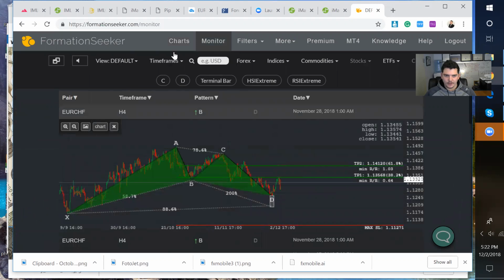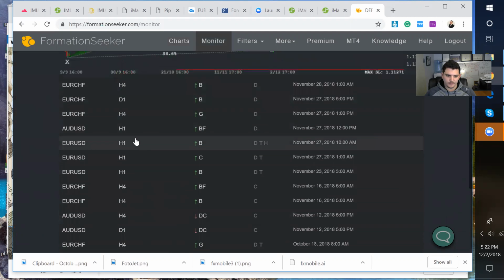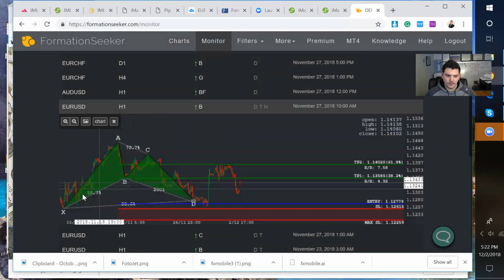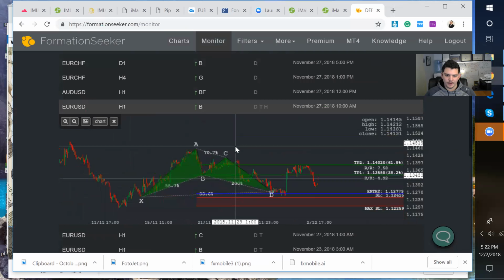And we can find some pairs that have already kind of played out, like Euro USD, which is a very good pair right now. They're saying this is the stop loss, and this is why I don't completely trade with harmonics.